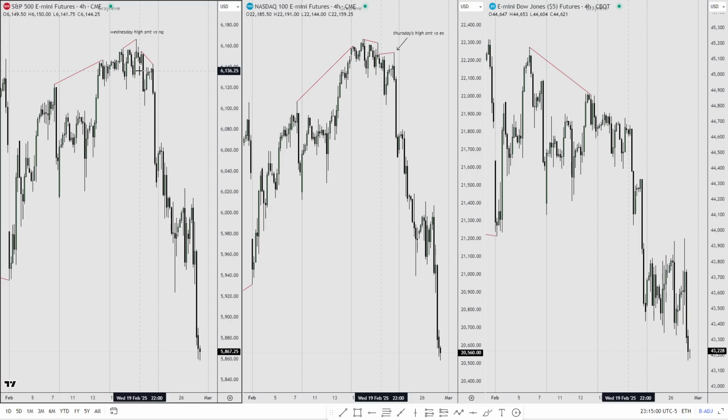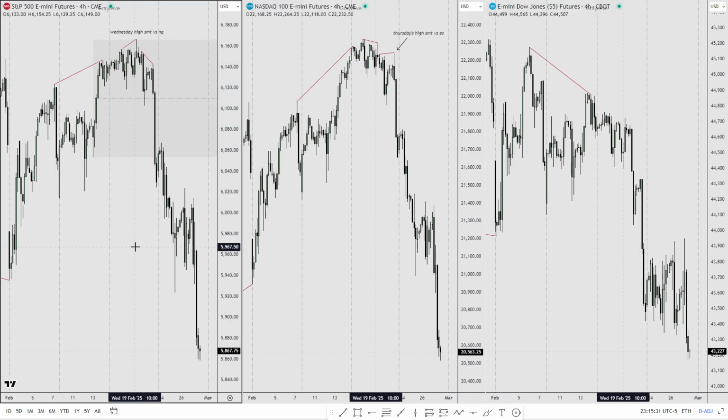What is the expected outcome? We are at least going to tag into discount from this low to this high. The reason is because this is a short-term low. If we invalidate this low right here, we are going for Q2's low. That's very simple. So, no, not Fibs, just premium discount.